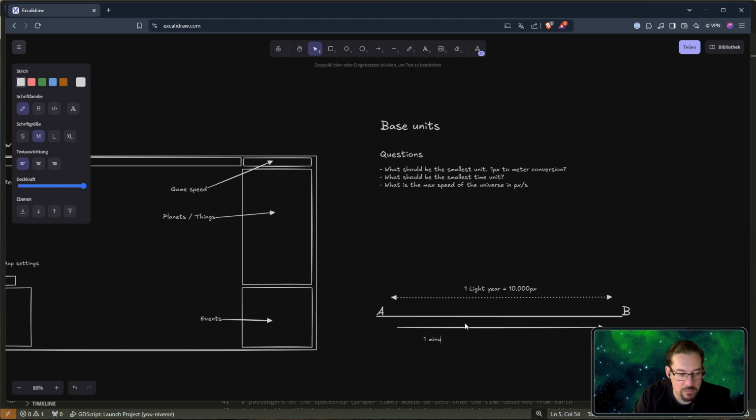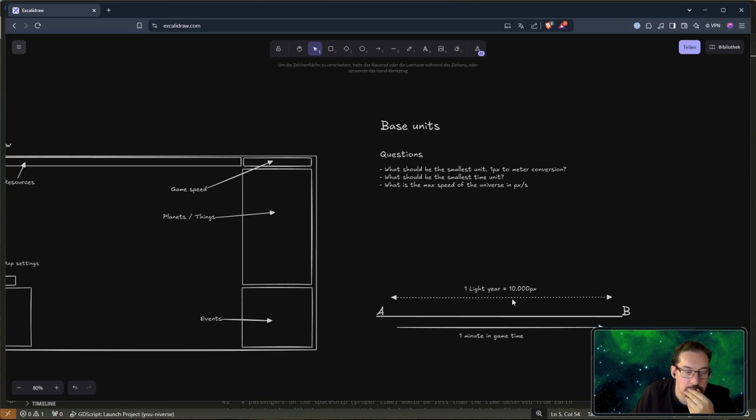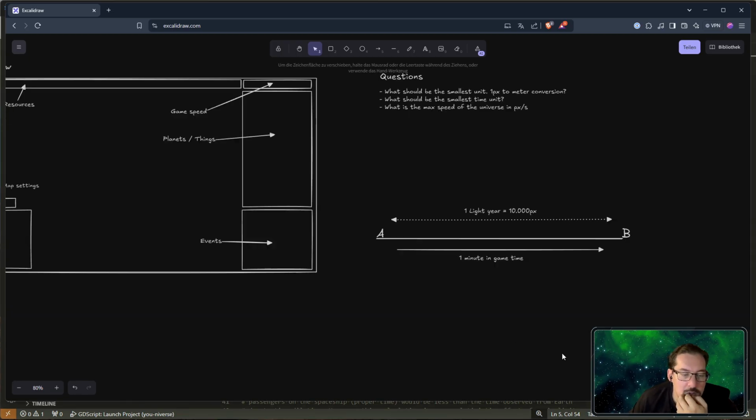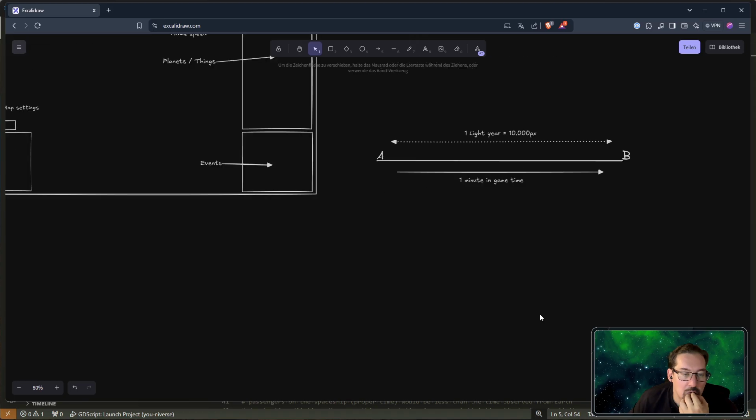So 1 minute in-game time to reach... 1 minute in-game time at maximum speed.